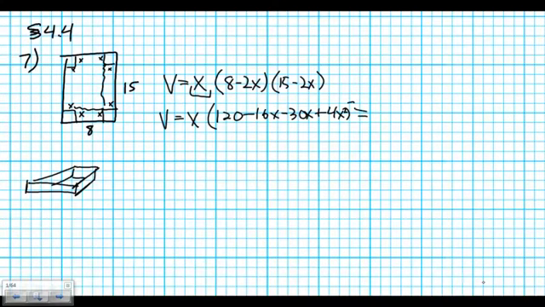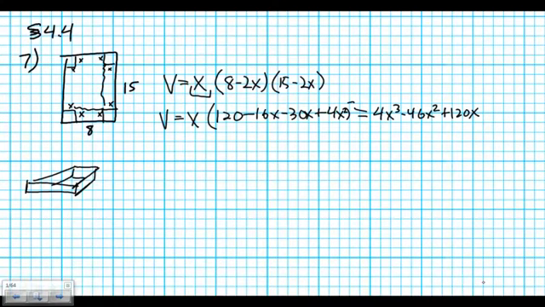And that ends up being 4x cubed minus 46x squared and a plus 120x. So there's our volume as a function of one variable.